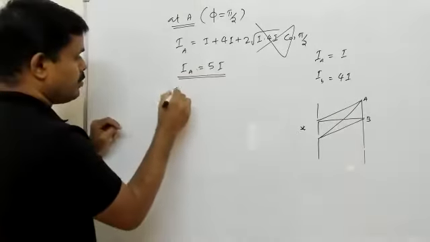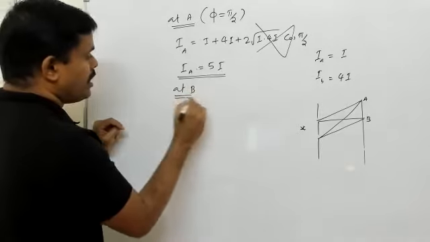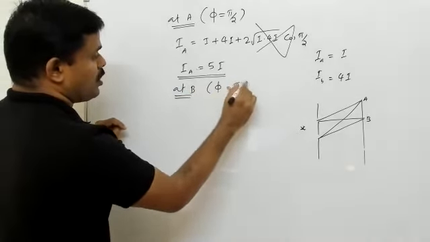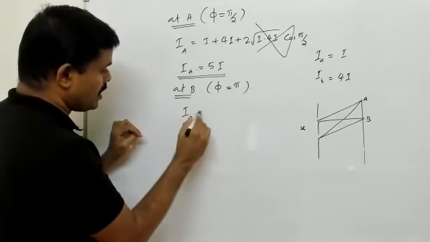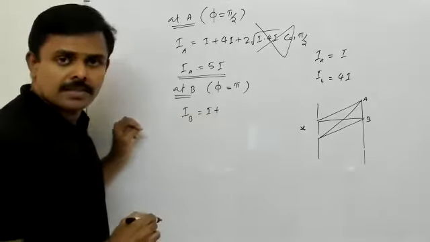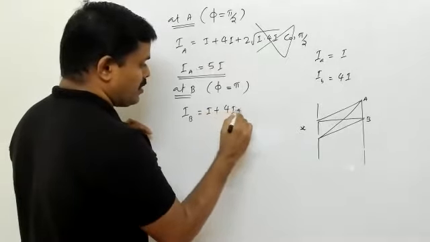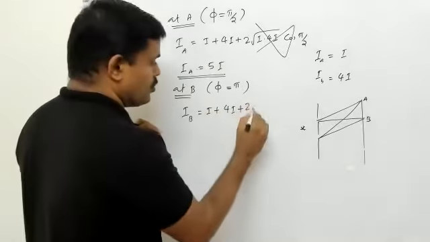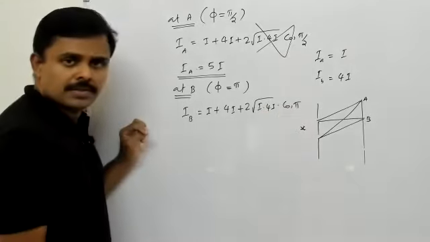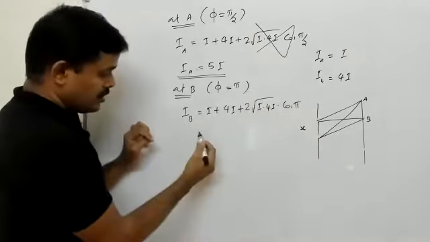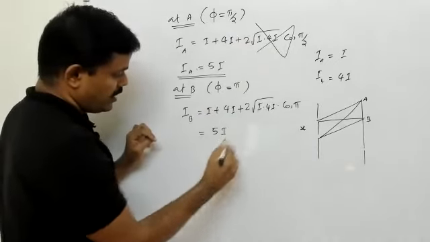So I'm done with the first part. Then the second part at B. The phase difference there is not pi by 2, it is pi. So I can have another equation. Intensity at B is IA plus IB, that is I plus 4I, plus 2 root IA IB into cos of pi. The phase difference is pi there. So I plus 4I is 5I.